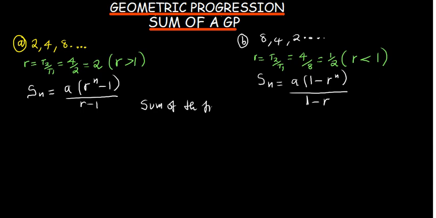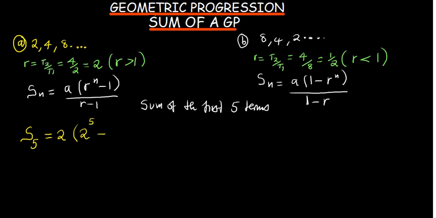Starting with this one, the sum of the first 5 is going to be equal to a, the first term, which is 2. Then open brackets, we put the ratio, which is also 2, to the power n, and n is 5 since we are talking about the first 5 terms, then minus 1, over r, the ratio is still 2, minus 1.